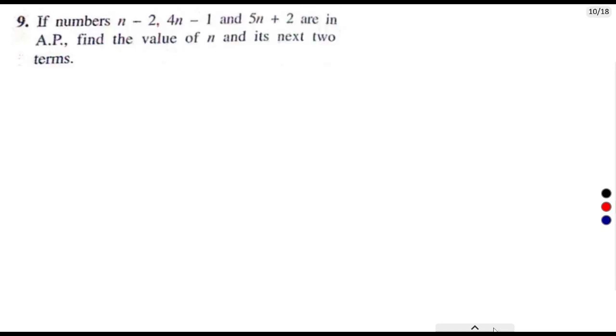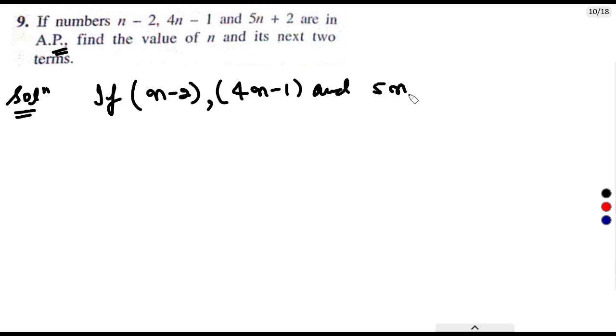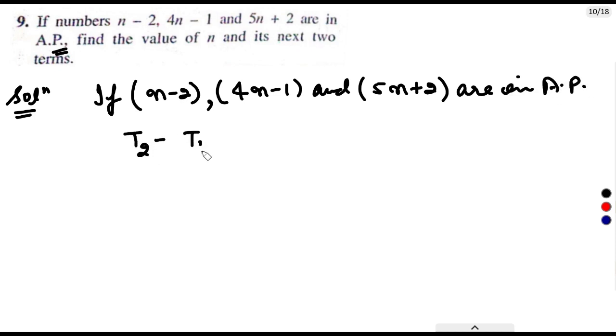Next question. If numbers n minus 2, 4n minus 1 and 5n plus 2 are in AP, find the value of n and its next two terms. If these terms are in AP, then second term minus first term will be equal to third term minus second term because the difference of two consecutive terms will be constant.